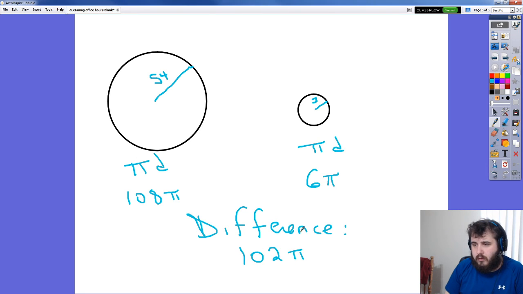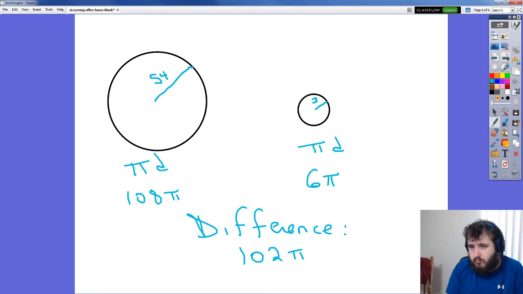Right? So the thing of it is, it doesn't matter where these circles are located. This one is over here, this one is over here. But if I wanted to figure out what the running distance around the track was here versus the running distance around the track here, I can do that. That's simple. That's very easy.